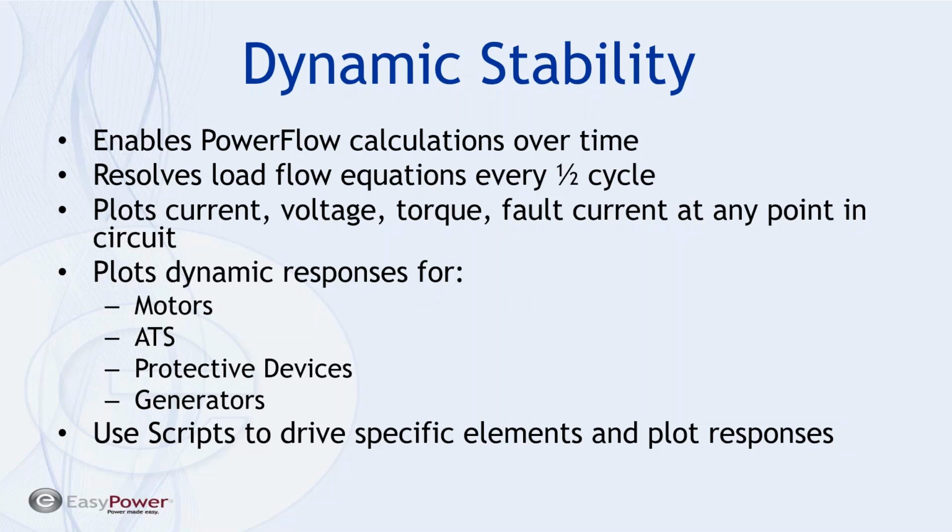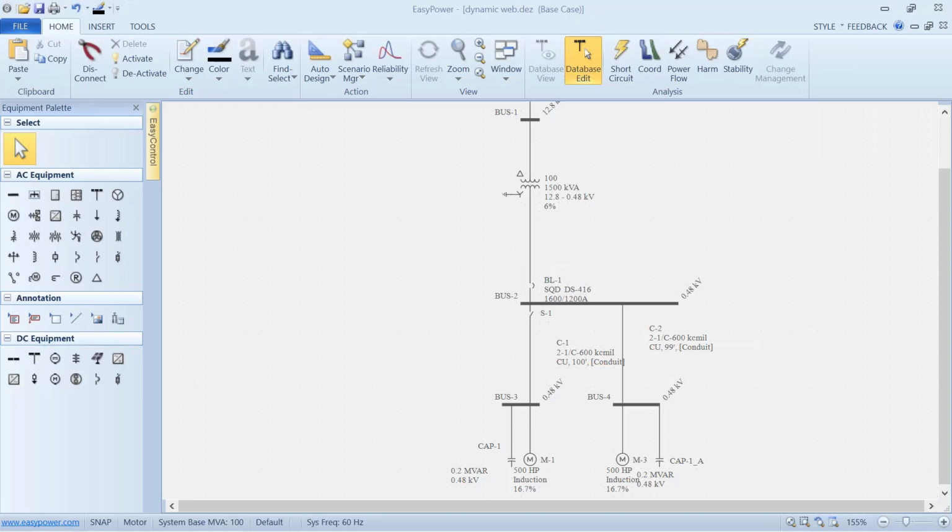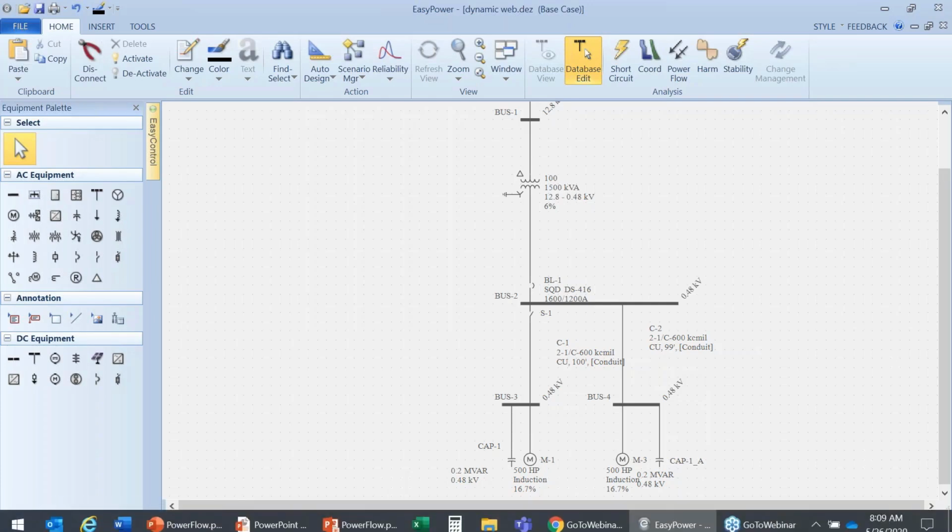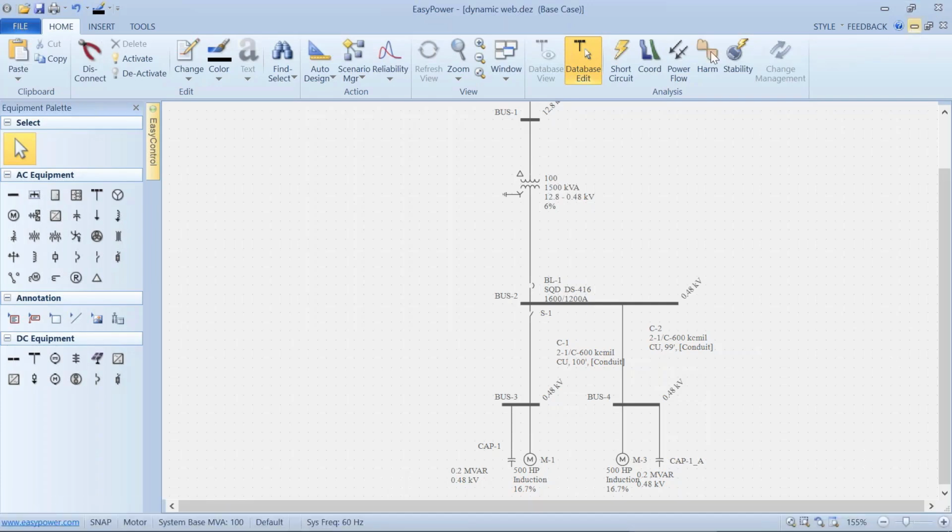So what I'm going to do is compare transient motor start with dynamic stability doing a motor start, and then basically suggest that it's possible to tune my soft start controllers to minimize the impact of my motor start. So with that introduction, let's jump into this admittedly simplified one line.